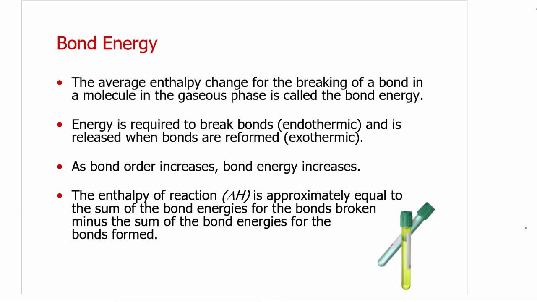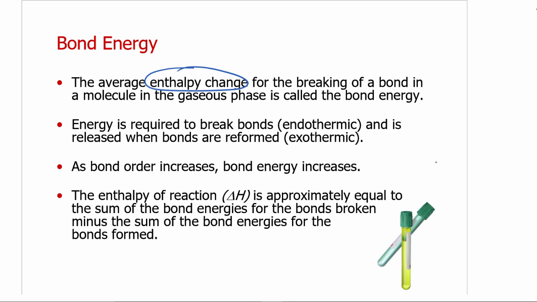First of all, you can calculate the enthalpy change for a reaction, if we wanted to, by looking at the energy that goes into breaking bonds and the energy that is released by bonds reforming.